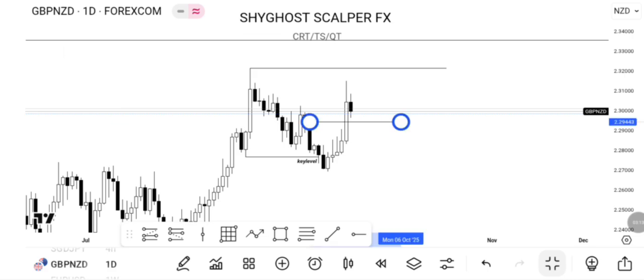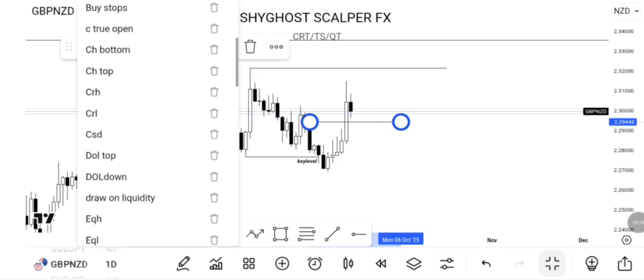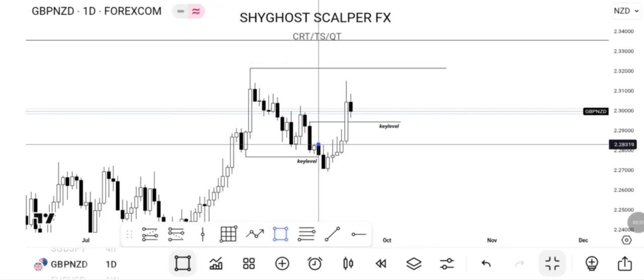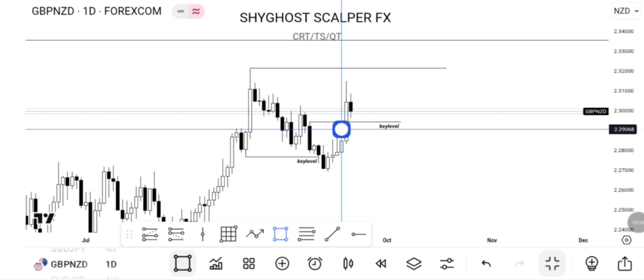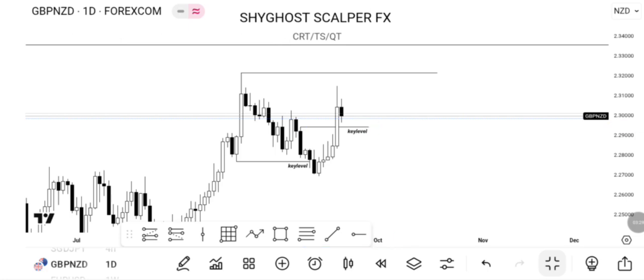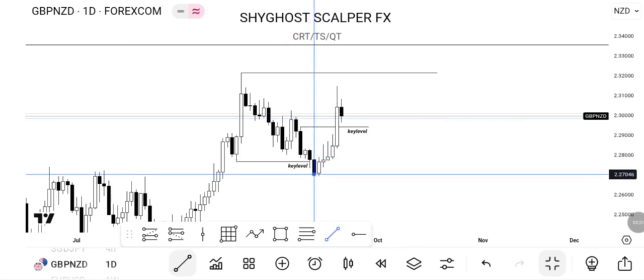This is also our key level from the higher time frame, and inside here is our FVG. We can take this out, and then here we got our total soup.